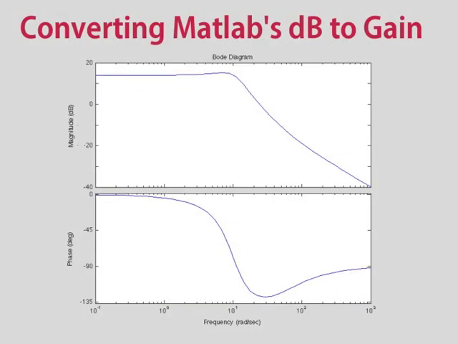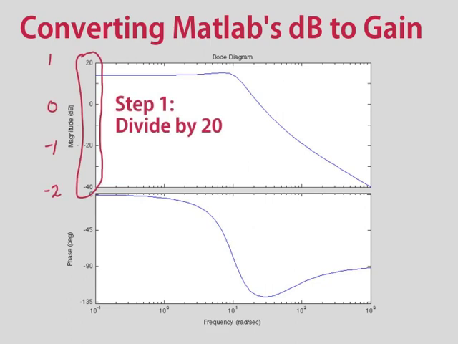Let's suppose someone's given you a Bode plot and you want to convert it from dB to gain. How do you do this? The first step is to divide the dB by 20. So 20 becomes 1, 0 becomes 0, minus 20 becomes minus 1, and minus 40 becomes minus 2.